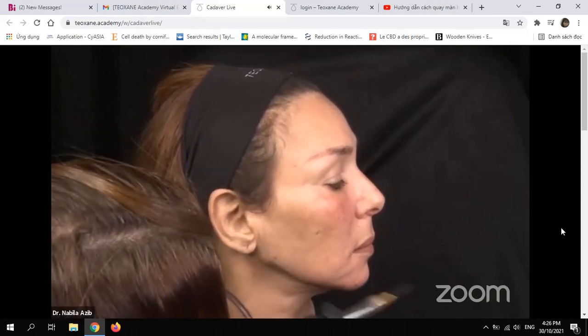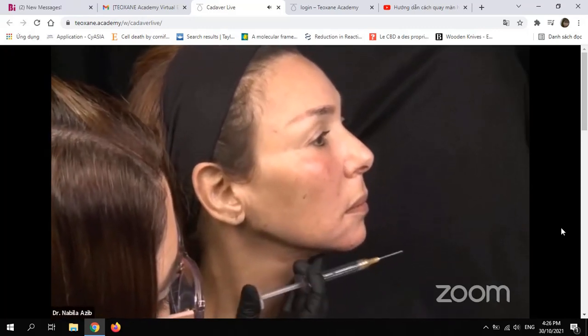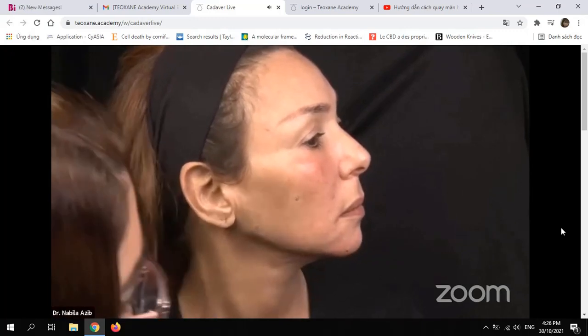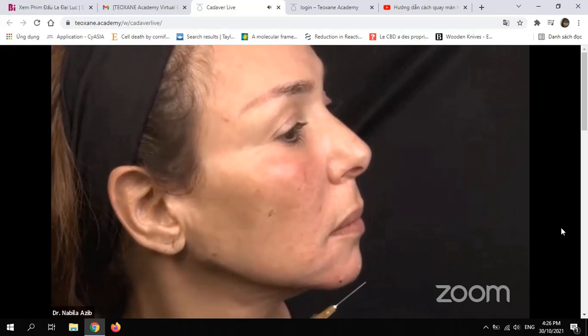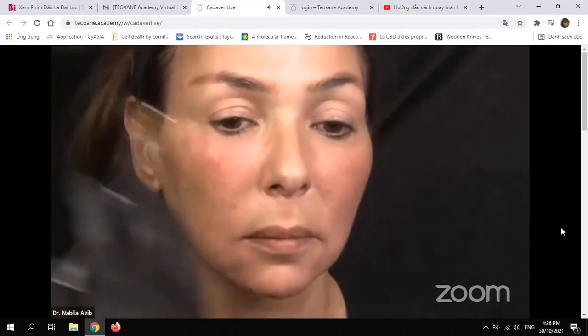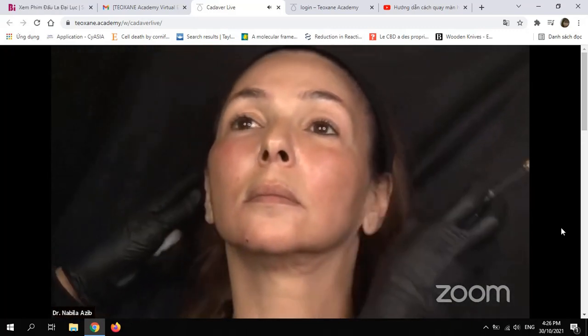I will make a simulation here: if my injection point should be at this level, I leave a drop of product, a drop of HA at that level. It's like a drawing that I make with my HA product.